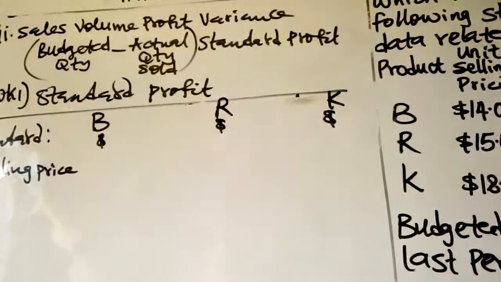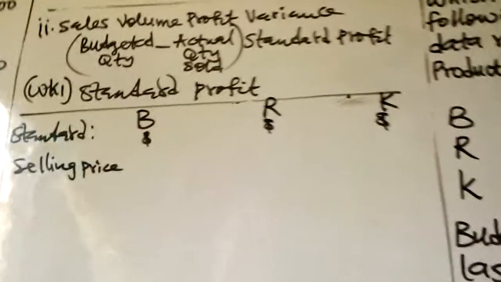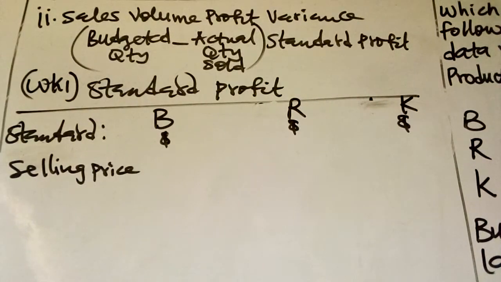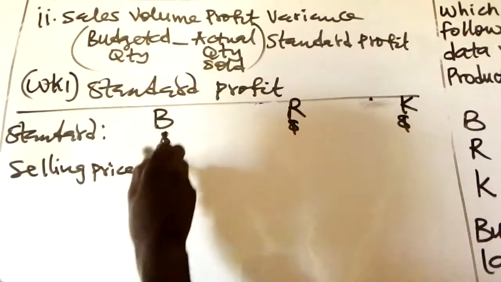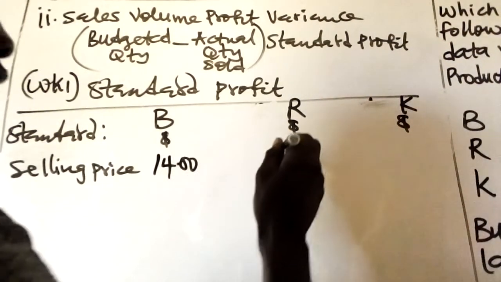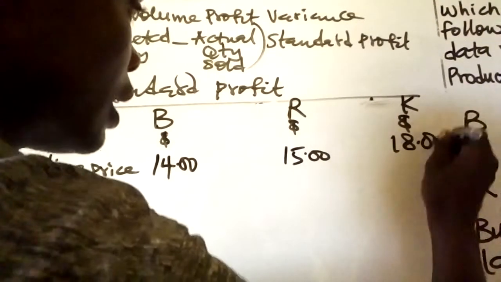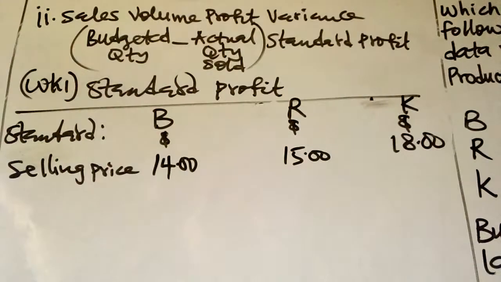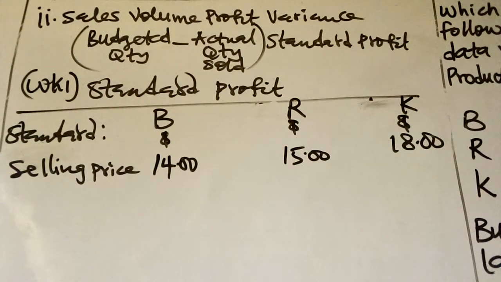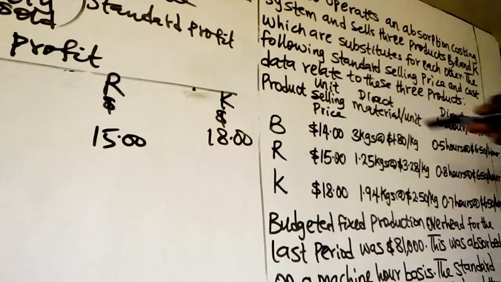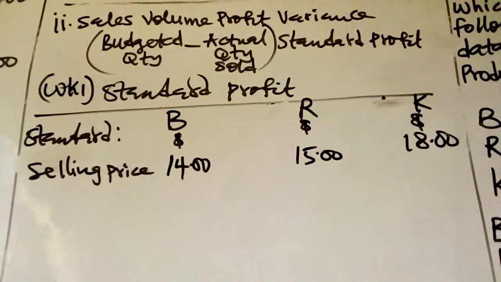So our standard selling prices are $14, $15, and $18. From that selling price, you less variable cost. Our variable costs include direct materials. You are given direct material per unit.